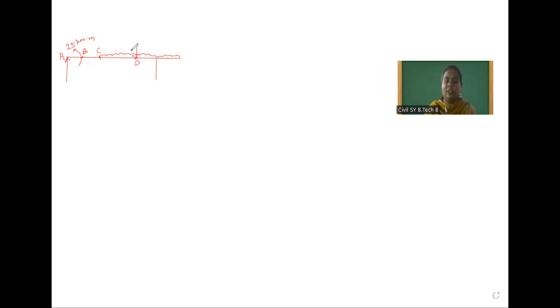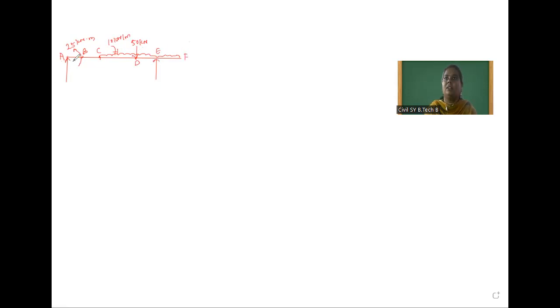Here the intensity of the point load is 50 kilonewton. And the intensity of this uniformly distributed load is 10 kilonewton per meter. This is E point. And this is F point.